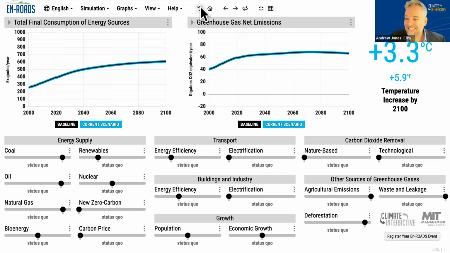Hello. Hi there. I was curious about whether EnROADS has any filters or anything for geoengineering. Wow. So many folks have come to us and said, please, here's money. Could we add geoengineering, particularly solar radiation management, to the model?